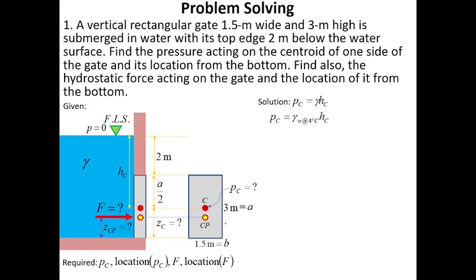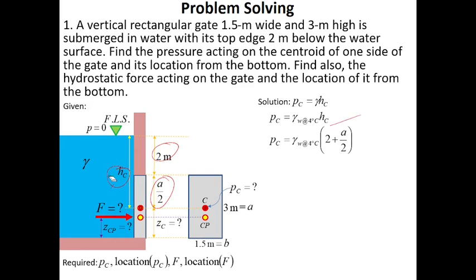If this is 3 meters, this will be 1.5 meters. So the pressure at the centroid can be obtained by multiplying the specific weight of water at 4 degrees Celsius by 2 plus A over 2, which is equal to H sub C.